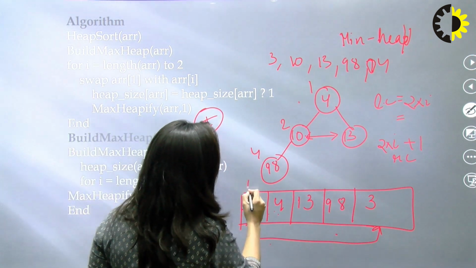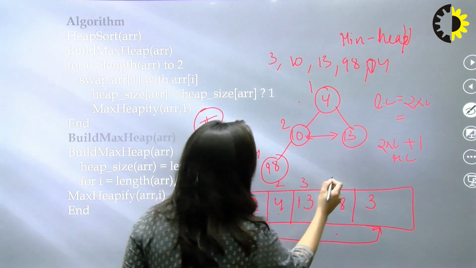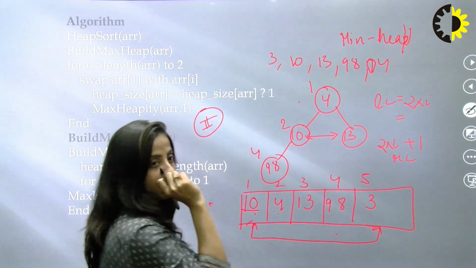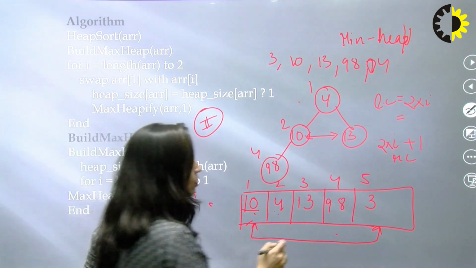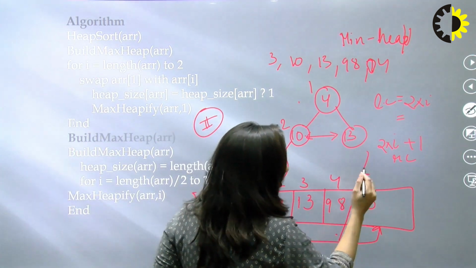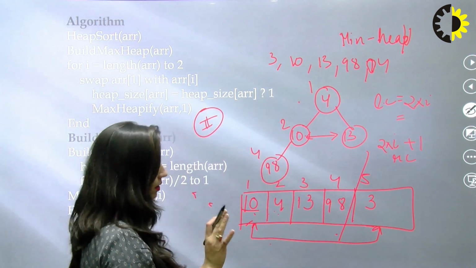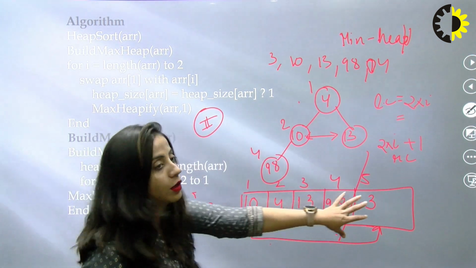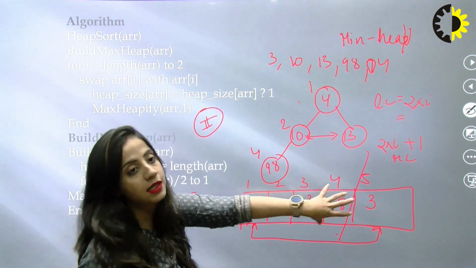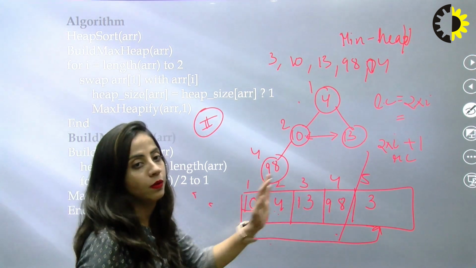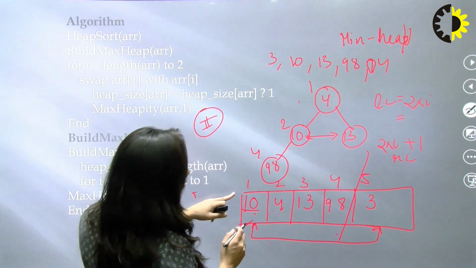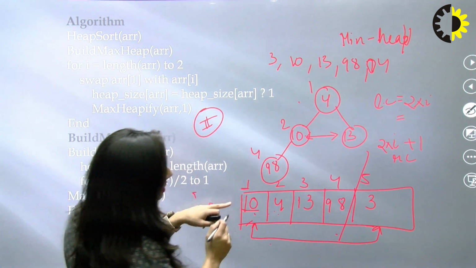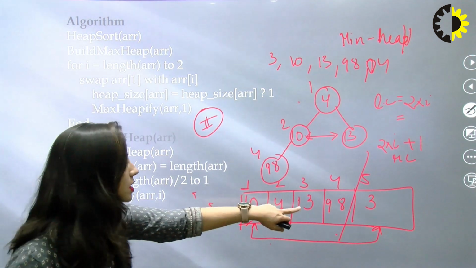See, this is our first element, second element, third element, fourth element, fifth element. We already replaced it with the root node, so we are already considering this node as deleted, right? We will no longer count it in the array size. We will decrease the array size from n to n minus 1. Now you will find its left child and its right child.